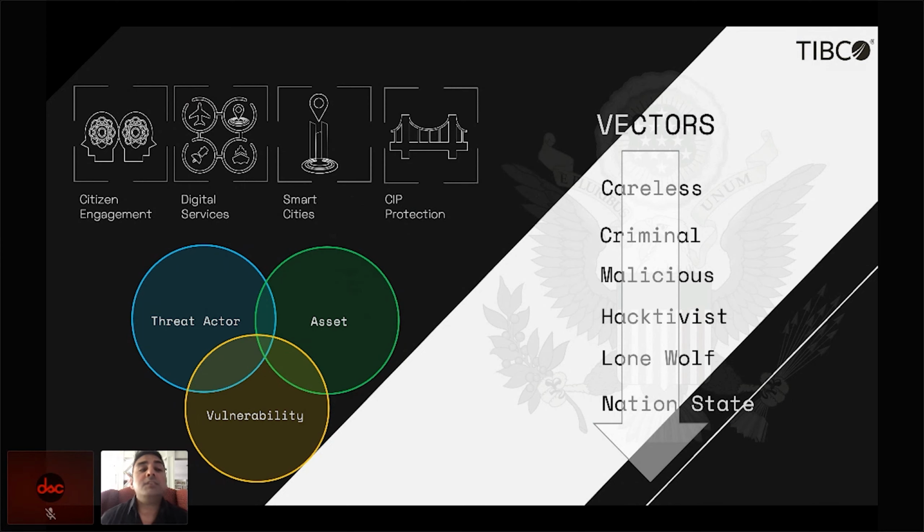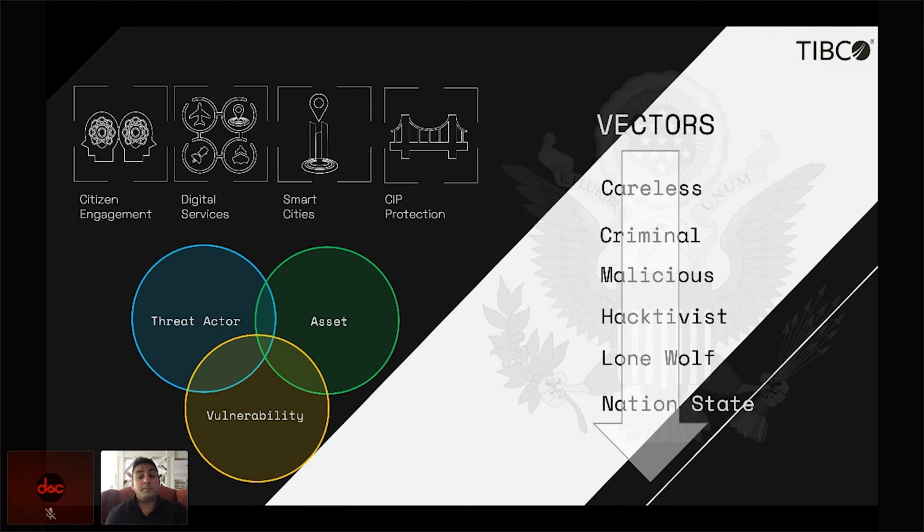In this way, you have the threat actor, you have the assets they're going to attack, and you have to understand the vulnerability, and look at it from that Venn diagram standpoint in order to better assess what we're doing when it comes to anomaly detection. And that can come across all vectors. Here I put the various vectors that are often utilized when people are doing some sort of cyber attack.